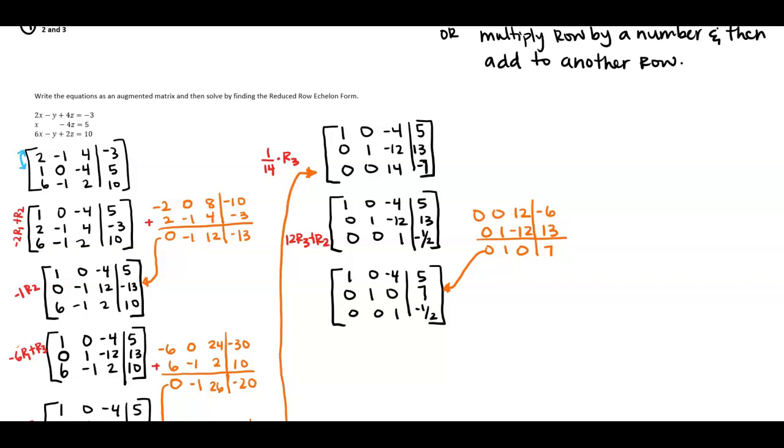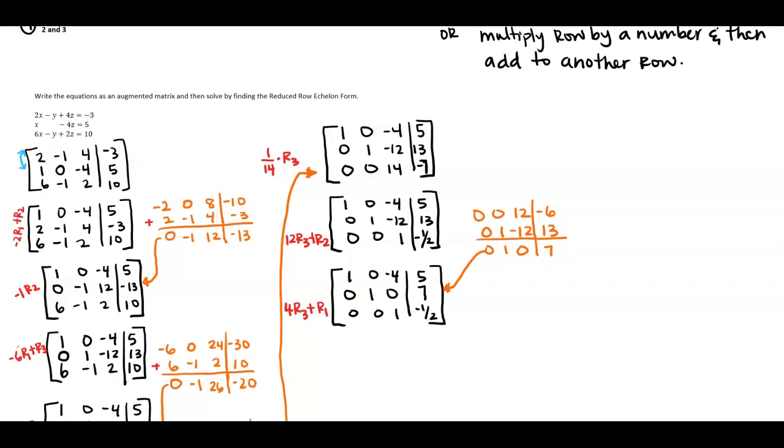So I've got one number left to change. The one up there on the top is already a 0, so that's good. So I need to make that negative 4 into a 0 now. And again, to make a 0, I'm going to multiply row 3 by positive 4 so that when I add those together, I get a 0. So I'm going to do 4 times row 3 plus row 1.